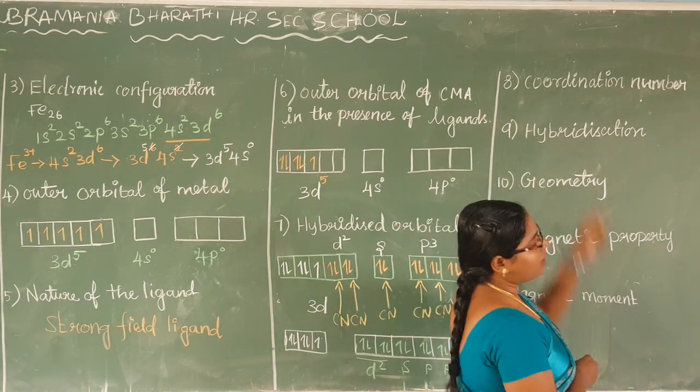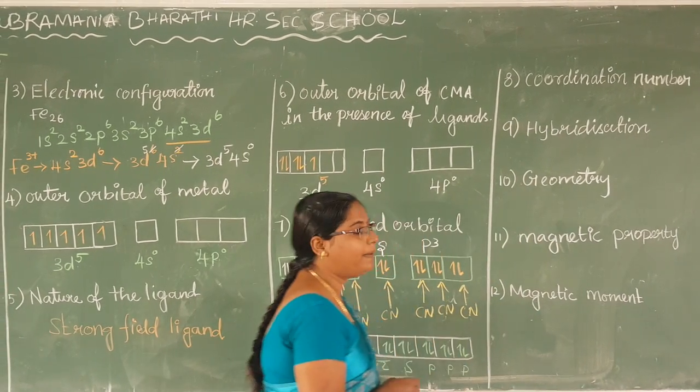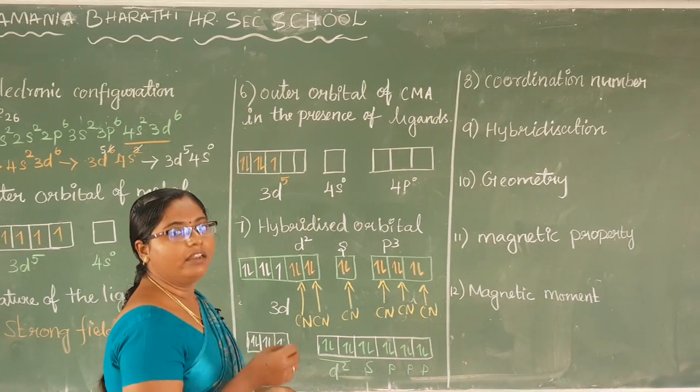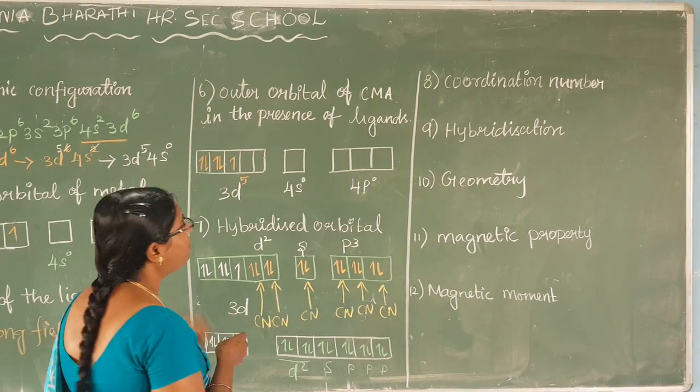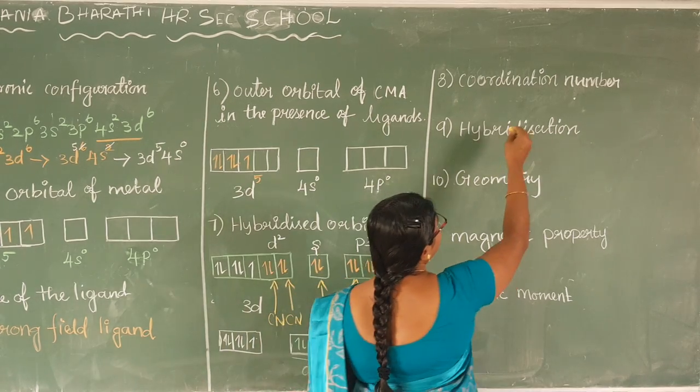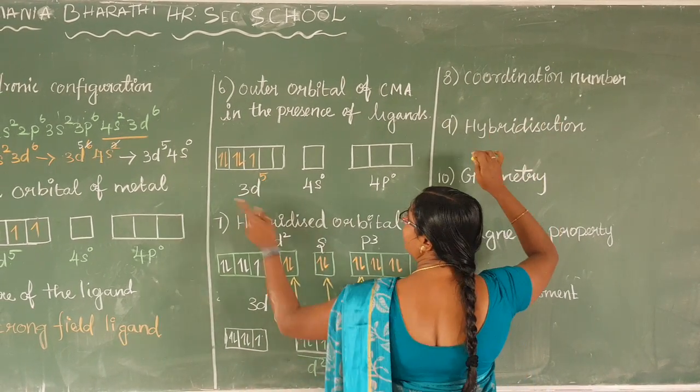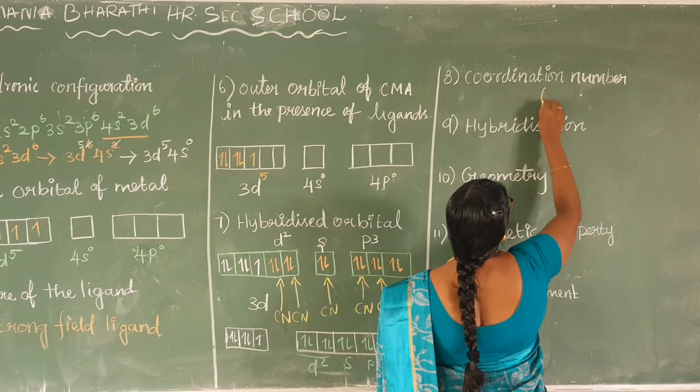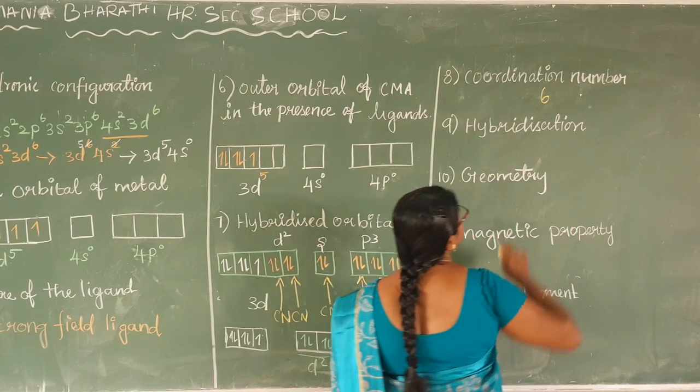Then the coordination number, which is the number of ligands attached to the central metal atom. In our compound 6 ligands are there, so the coordination number will be 6.